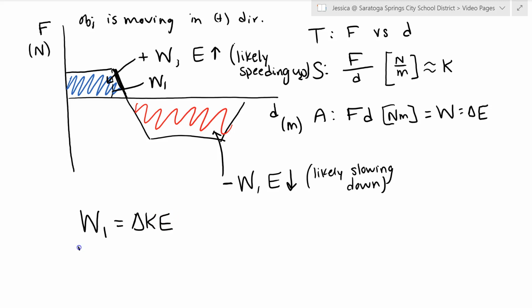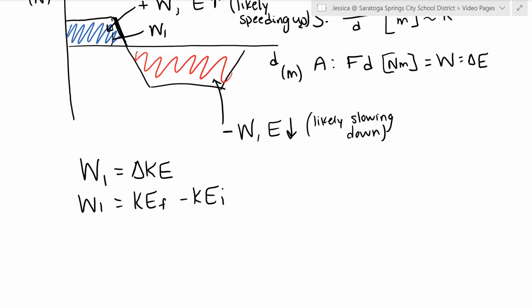So we can say work 1 is going to be KE final minus KE initial. If we're lucky, the initial velocity will be 0, but that's not always the case. Sometimes we do have an initial velocity. And we could use this to help us figure out what the final velocity of the object might be at that given time.